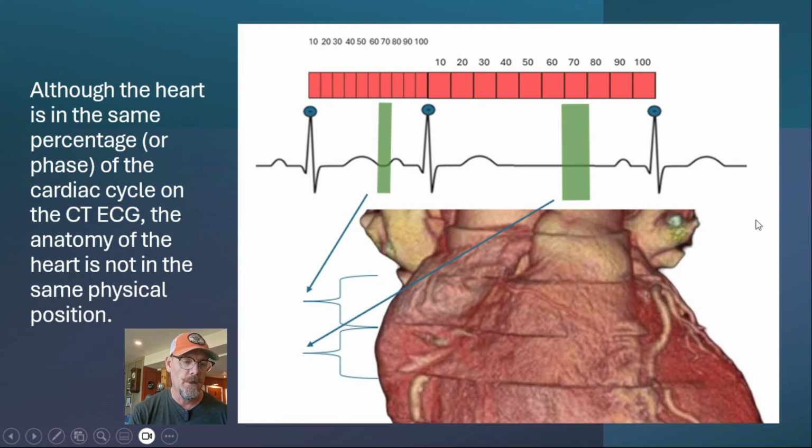And that could end up with an image that looks similar to this, where you're getting this stair-step block effect, because this portion of the heart here would be more related to this 80 beat, and this portion here could be more related to the 40 beat. Therefore, nothing is going to line up in your image.